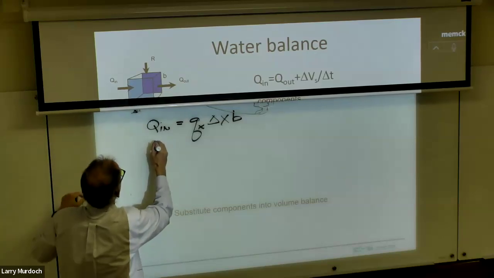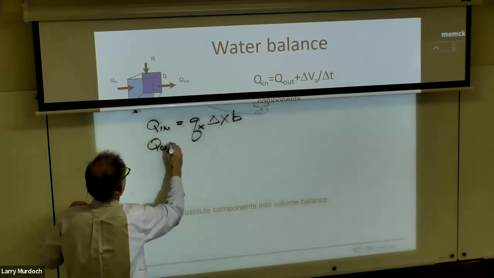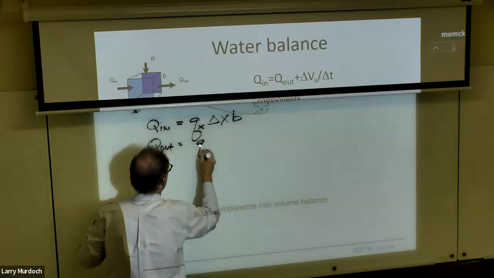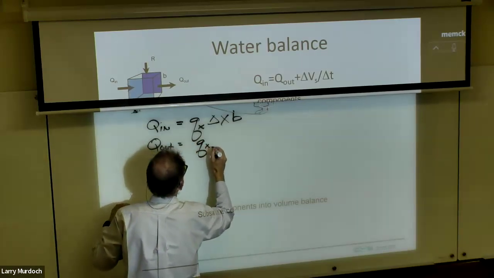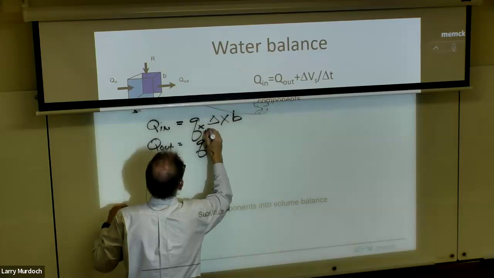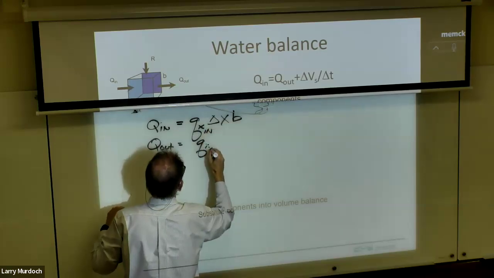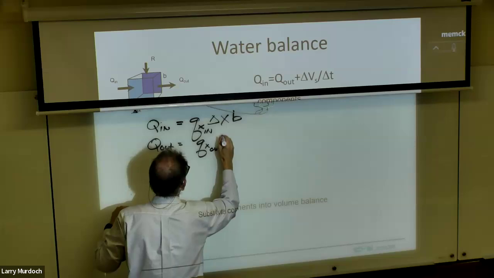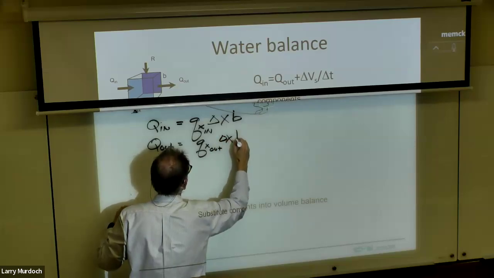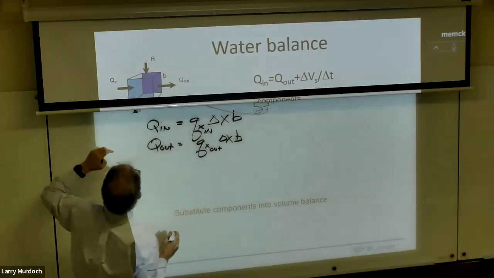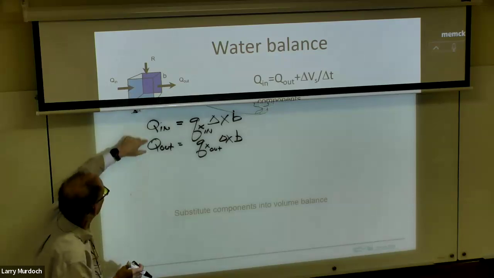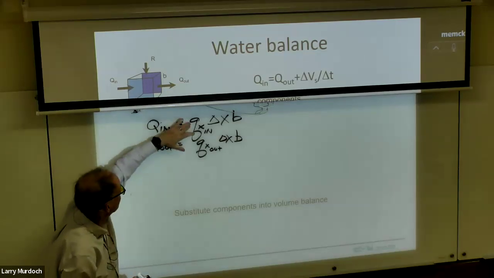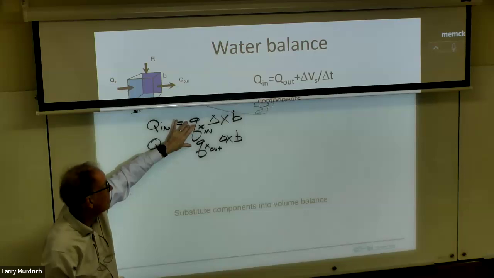And Q out would be, well, let's call this qx in and qx out, times delta x and B. Okay, if the volumetric flows are different, then the fluxes would be different as well.